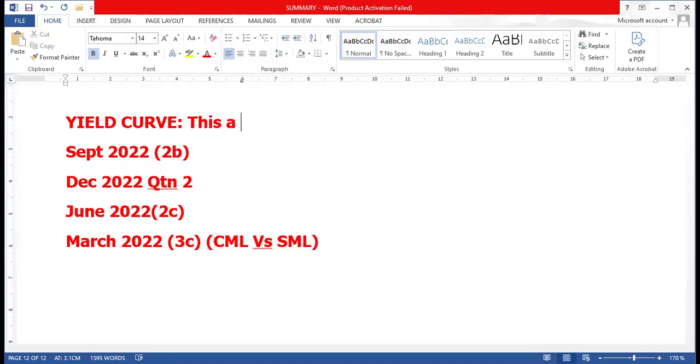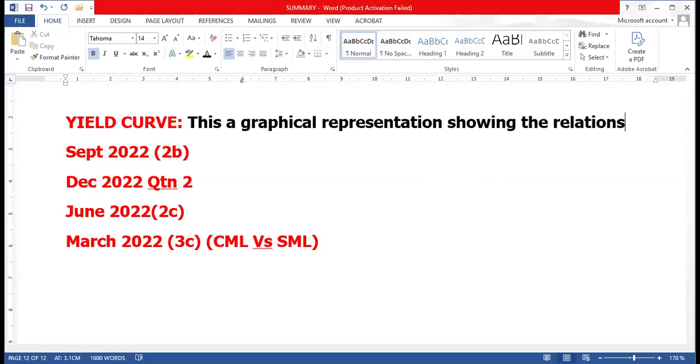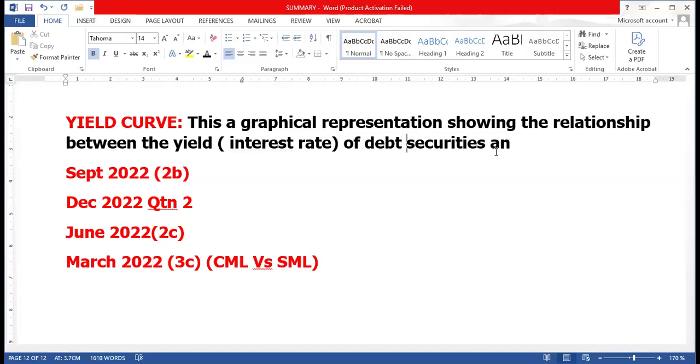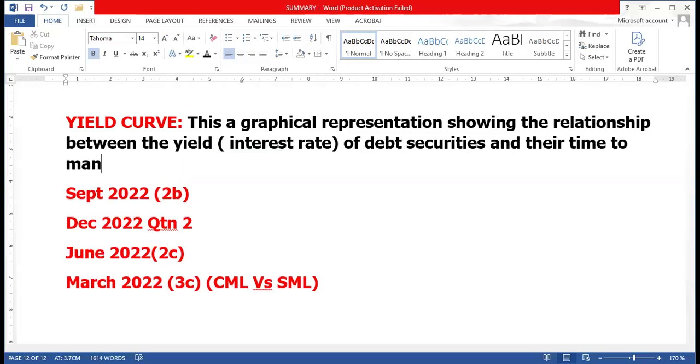Okay. This is a graphical representation showing the relationship, in this case, between the interest rate, the yield of the security, and these are debt securities, the yield of debt securities, and their time to maturity.